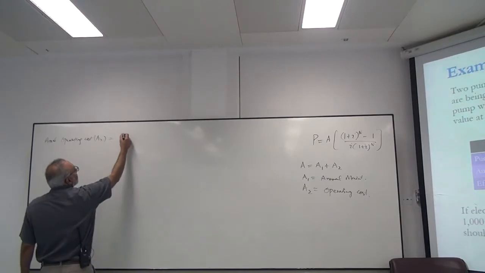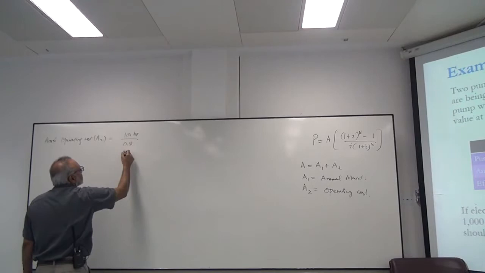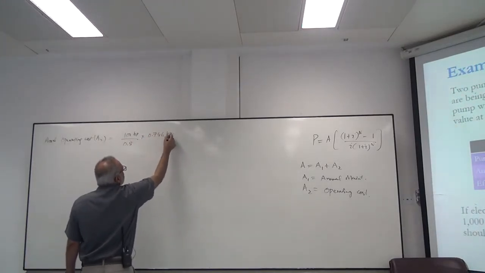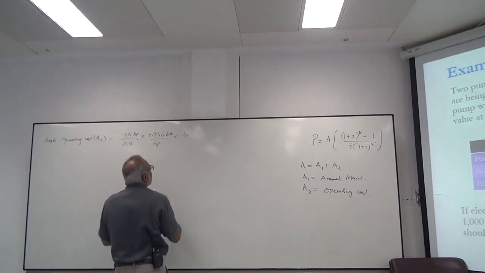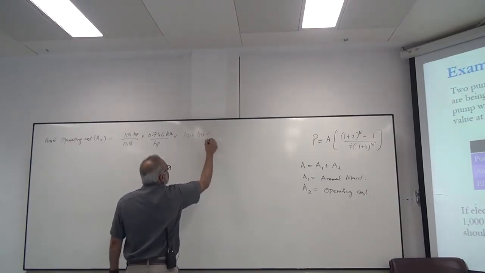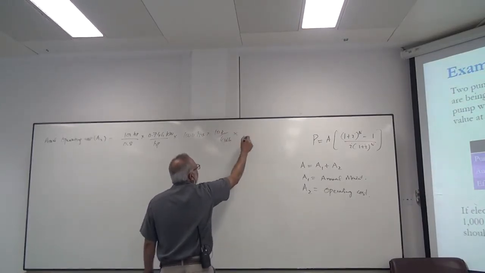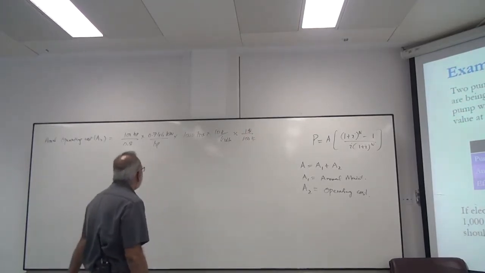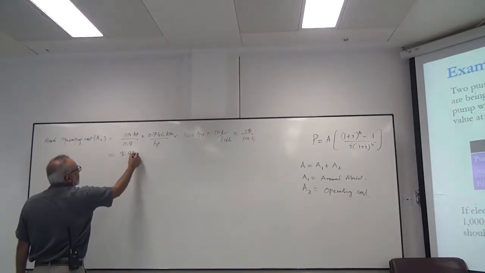We have 100 horsepower divided by 0.8 efficiency, multiplied by 0.746 kilowatt per horsepower, multiplied by 1000 hours, multiplied by 10 cents per kilowatt hour, multiplied by $1 over 100 cents, and you will get your value. I suppose most of you have done it. 9,000 something, 9325, right?